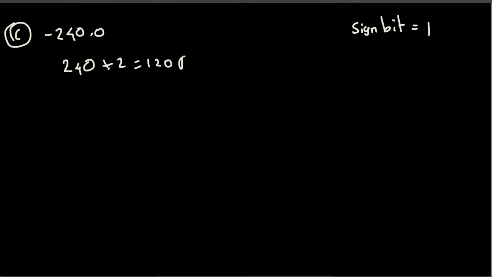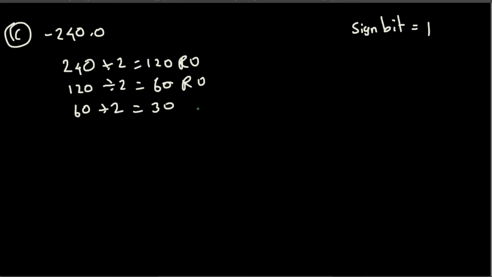Negative 240.0. Here the sign bit is going to be 1 because that's a negative number. And then to find out the mantissa and the exponent, we have to convert this into binary first. So I take the 240 then divide by 2, that is 120. The remainder is 0 here. 120 divided by 2 is 60, and the remainder is 0. 60 divided by 2 is 30.